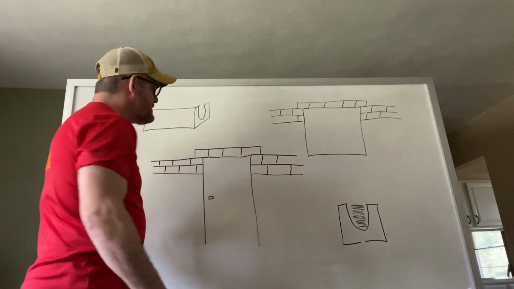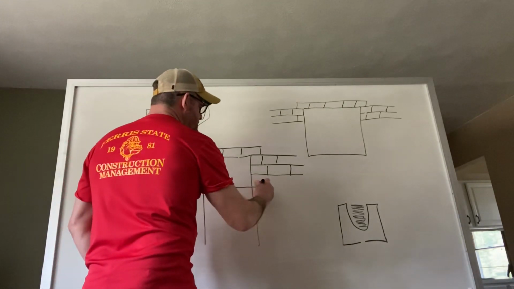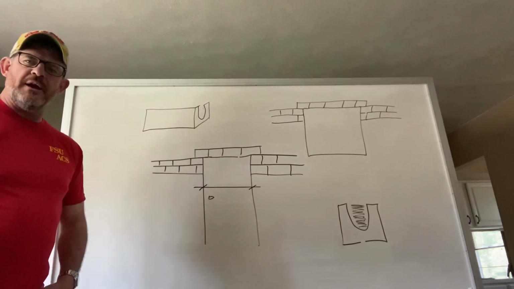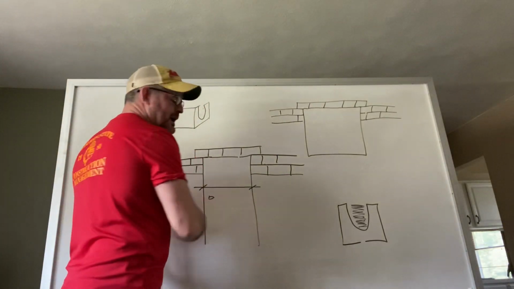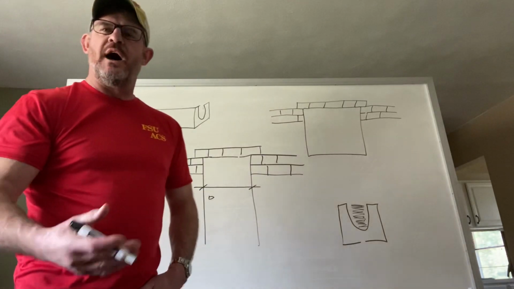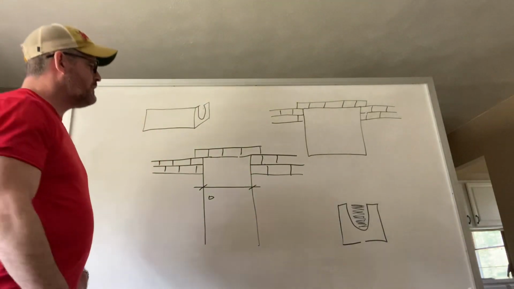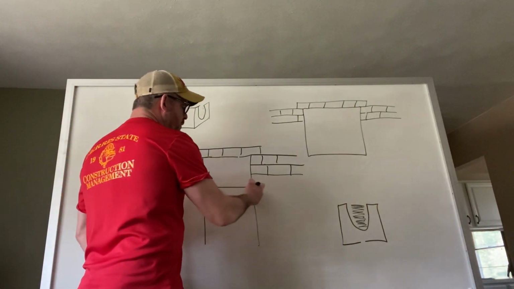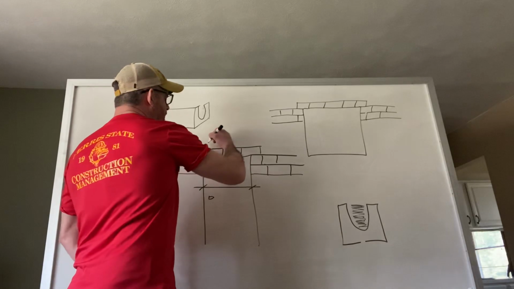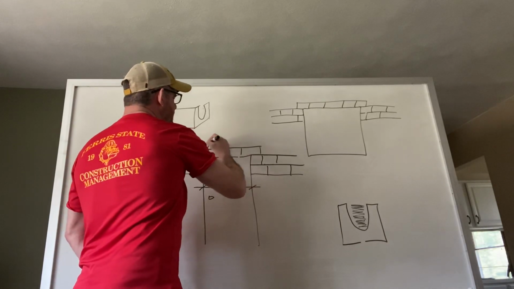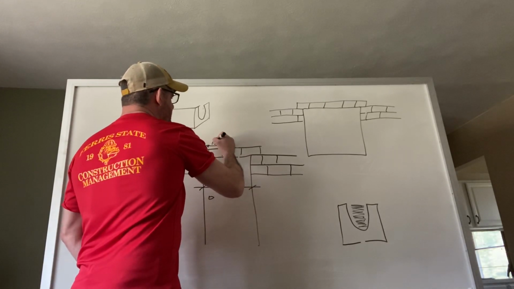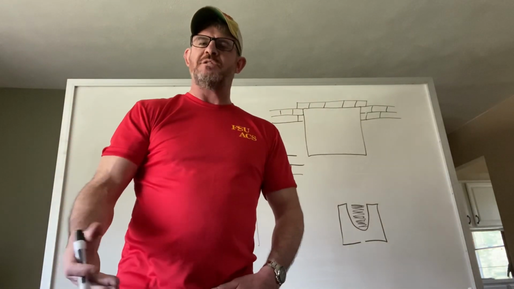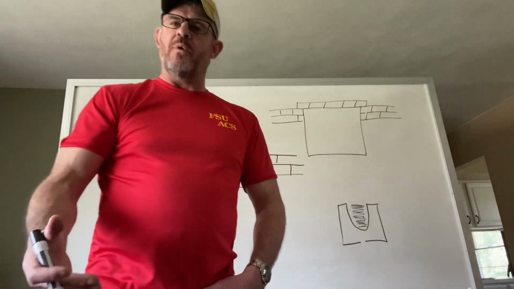All right, so now what are we going to be concerned with when we're trying to determine how many lintel block we need to go over that opening? We're going to be concerned with the width of our openings as opposed to the height of our opening, like we just used when we determined the number of bullnose block. We're going to be concerned with the width of the opening and the length of my block, this time 16 inches, again remembering that a standard block is always 16 inches long, 8 inches tall, and my width varies.